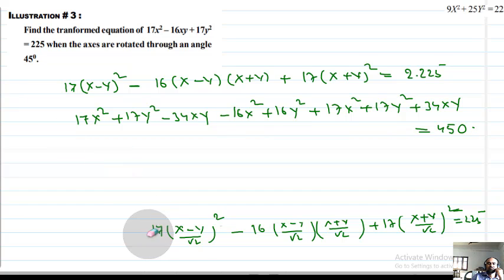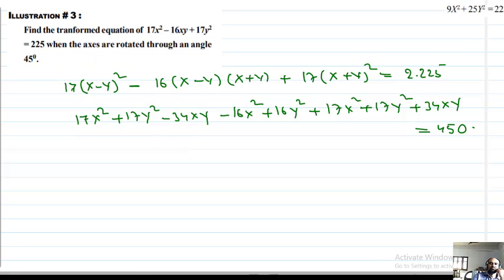Now we want to simplify. Some cancellations, I think these two will cancel. Students, listen. 17X² minus 16X² plus another 17X², so 33X²? Anything wrong? Here 17X², here minus, here plus, correct.